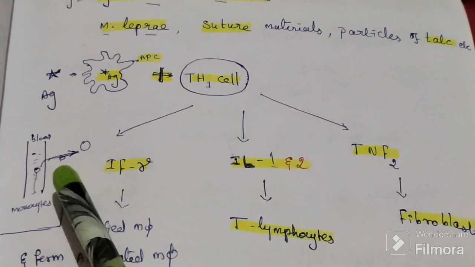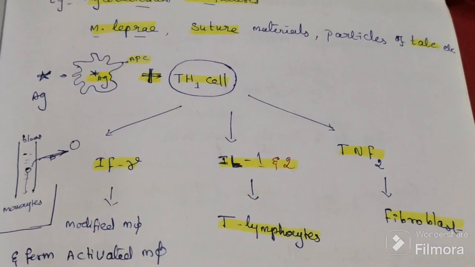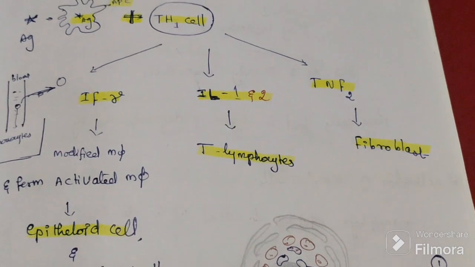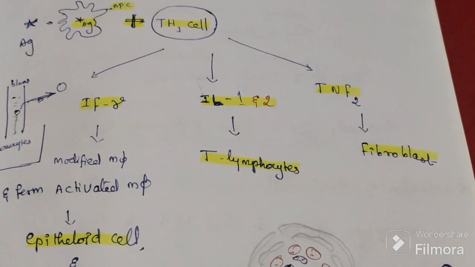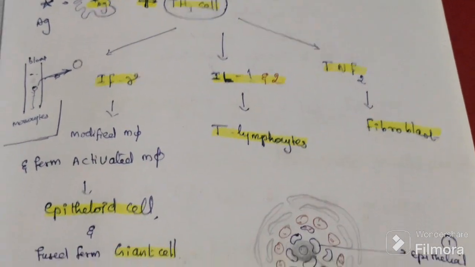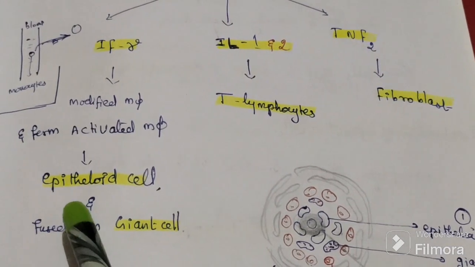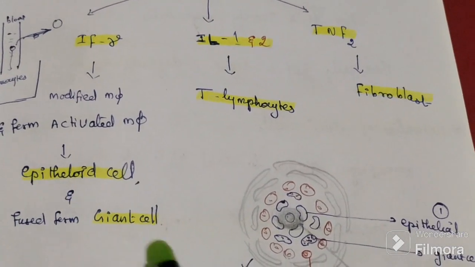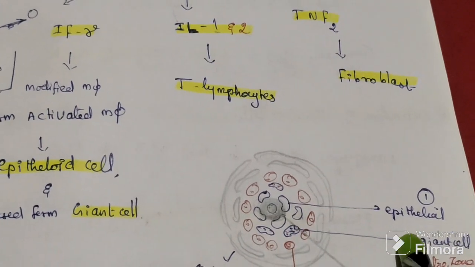Then these macrophages are converted into activated macrophages, so they convert into epithelioid cells. These epithelioid cells fuse with each other, and some cells fuse to form a giant cell. So this one is the giant cell.